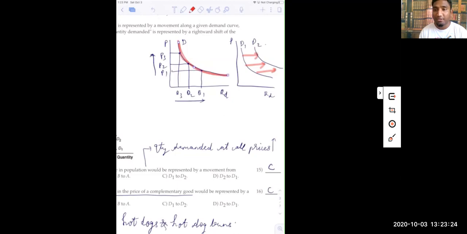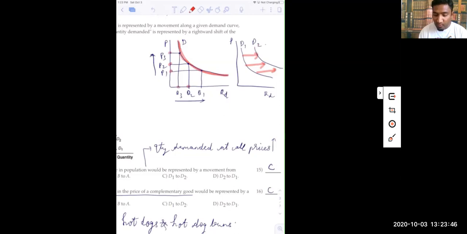So when we talk about quantity demanded, we have to specify the price. When we say the quantity demanded is Q1, we have to ask at what price. So quantity demanded is Q1 at price P1. Quantity demanded is Q2 at price P2. Quantity demanded is Q3 at price P3.